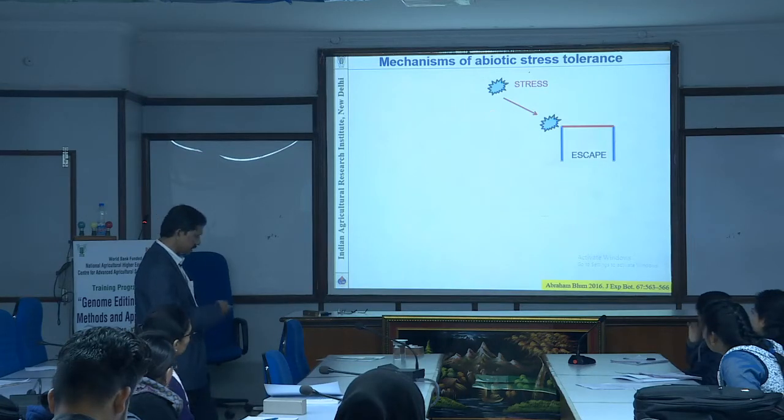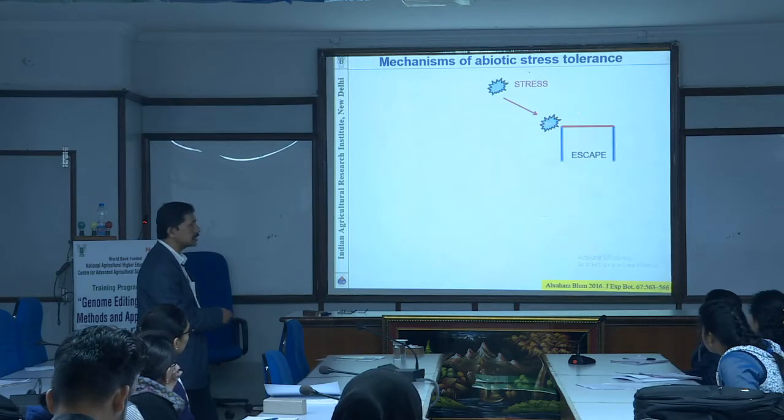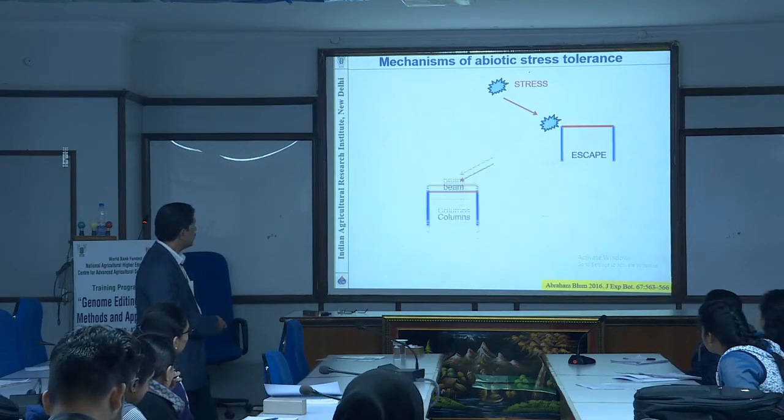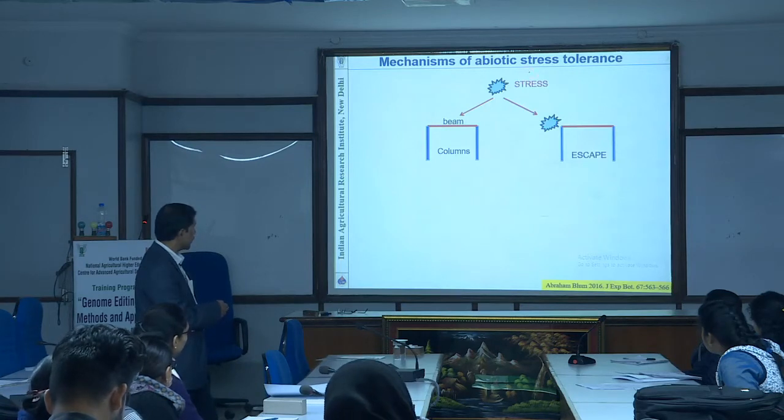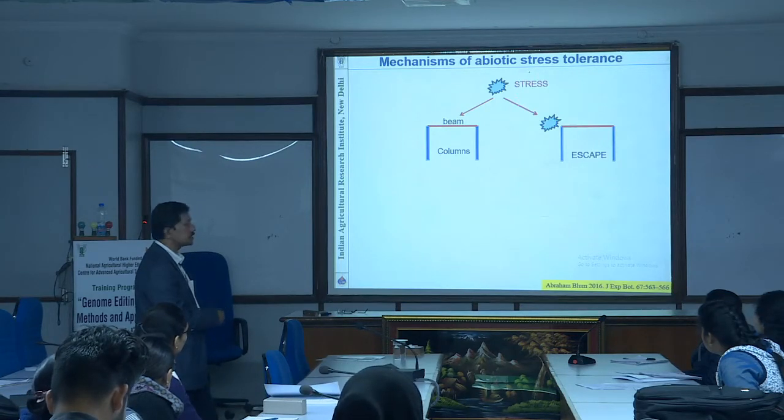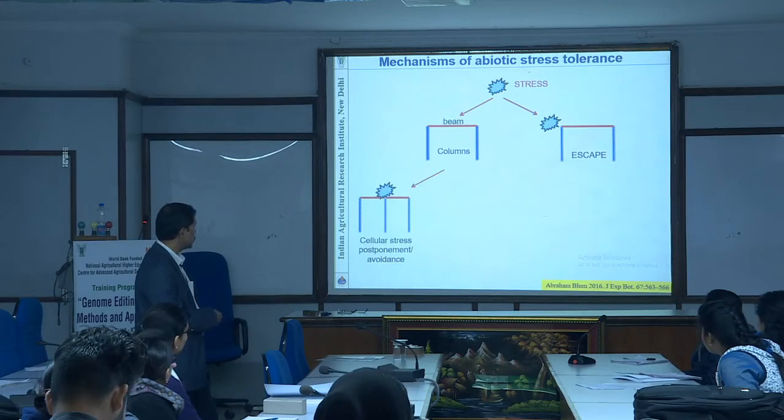But this is often not a sufficient mechanism, or there is no biological mechanism involved here. The actual biological mechanisms, when the plant faces the stress, what happens, that is what we are interested in. Say for example, if a weight is falling on a beam, it can have different responses.